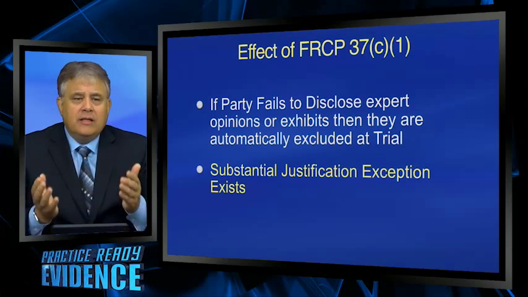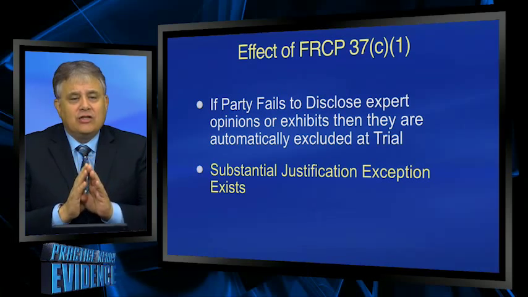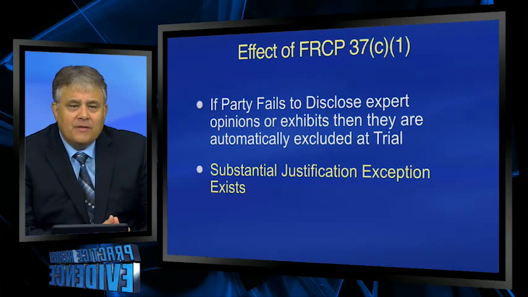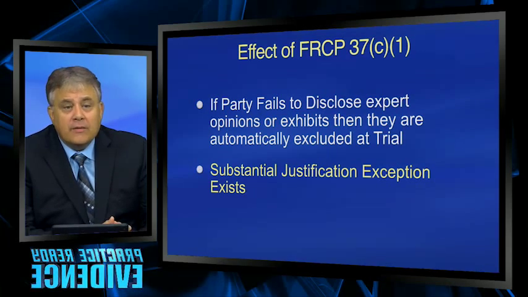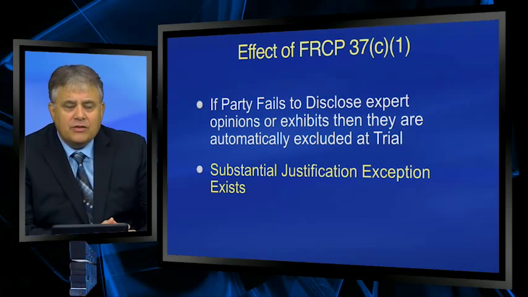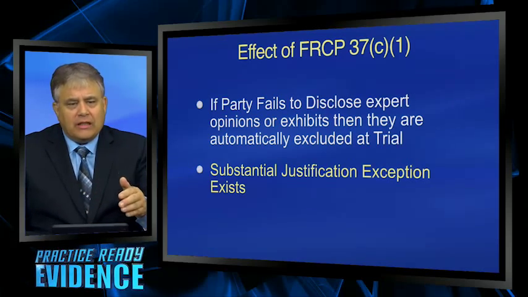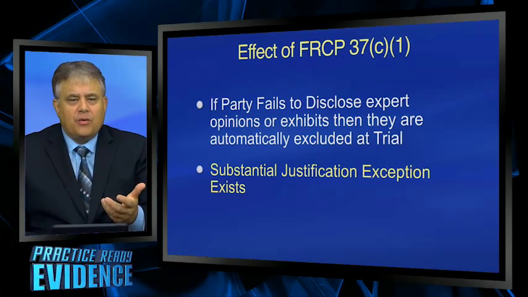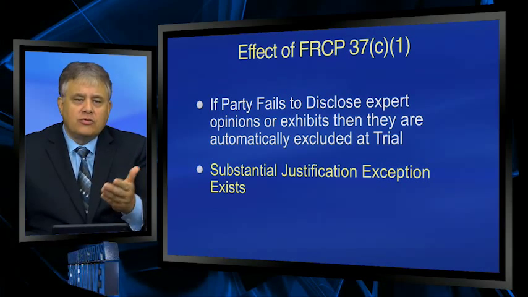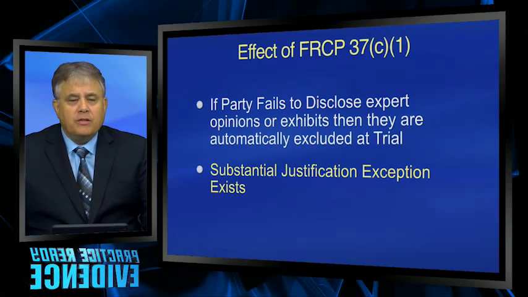And folks, I'm here to tell you that the most common substantial justification exception that is cited by the court is because the issue was opened up during the deposition process. Because a lawyer doing what lawyers do in depositions, attacking the validity of the expert's opinion, really going after them and drilling in and challenging the expert, actually created the substantial justification exception for a new or modified expert opinion at trial.